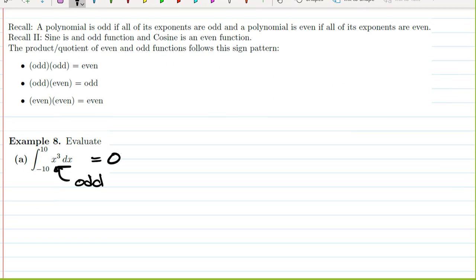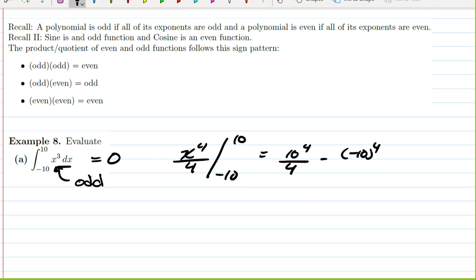And if you did it, the antiderivative of x cubed is x to the 4th over 4. And then if you evaluate that from negative 10 to 10, that is going to be 10 to the 4th over 4 minus negative 10 to the 4th over 4, which is going to be 10,000 over 4 minus 10,000 over 4, which indeed gives us 0.